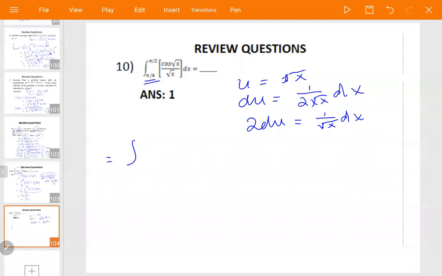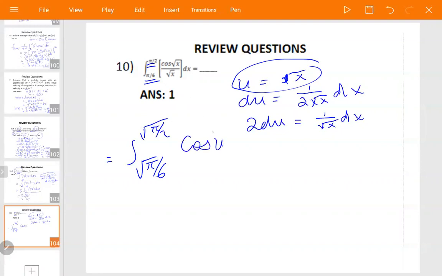Okay, now this integral will be equal to the integral when x is pi over 6. When x is pi over 6, what will be u? It is the square root of pi over 6. When x is pi over 2, we'll have the square root of pi over 2. Cosine of u over... What is 1 over square root x dx?